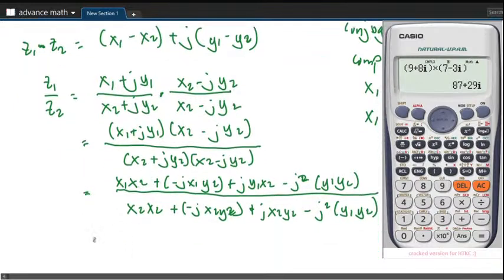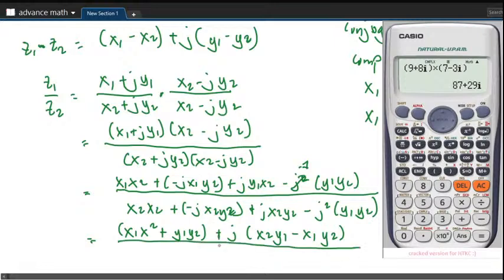So for the upper part, first we have x sub 1 x sub 2, then j squared is negative 1, so times negative, it will be plus y sub 1 y sub 2. Then we have positive j times x sub 2 y sub 1 minus x sub 1 y sub 2.